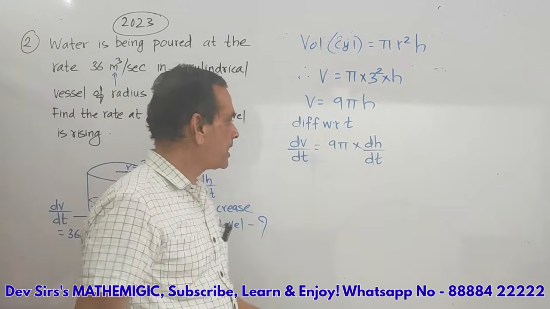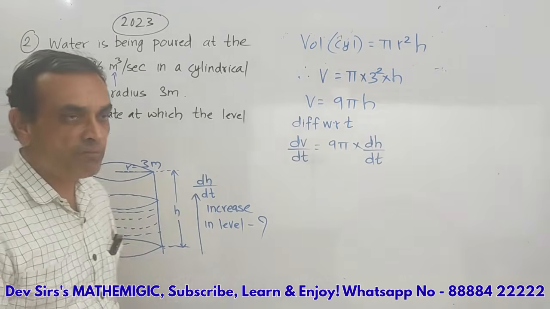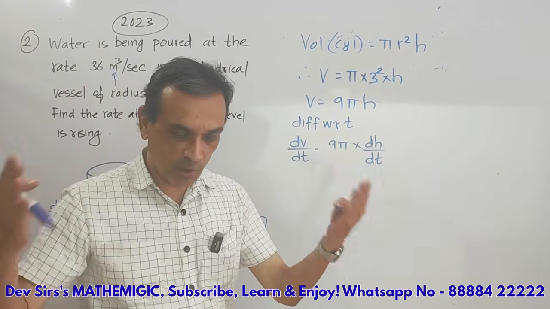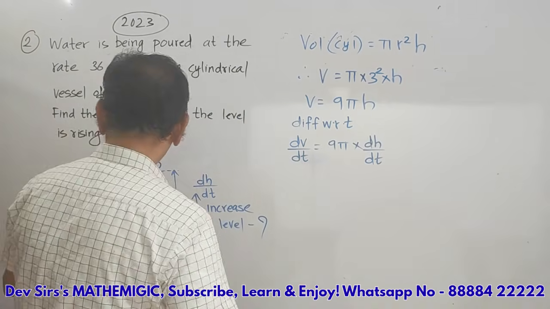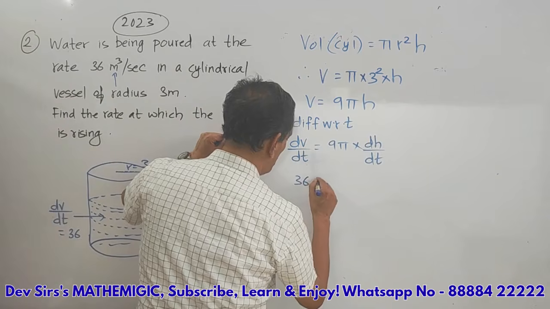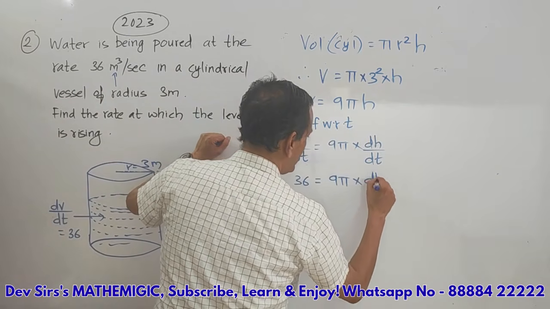Almost over. dv by dt is given as 36. dv by dt क्या बोला मैंने? Rate of change of volume कितना बढ़ रहा है fast. 36 meter cube per second. Directly I am writing 36 equal to 9 pi. dh by dt is asked.